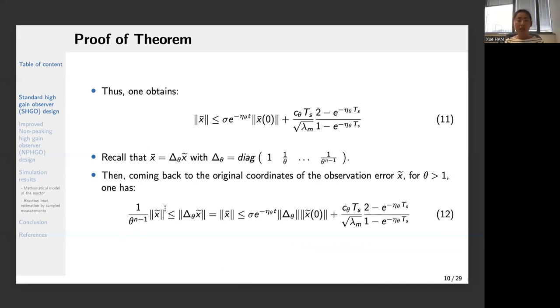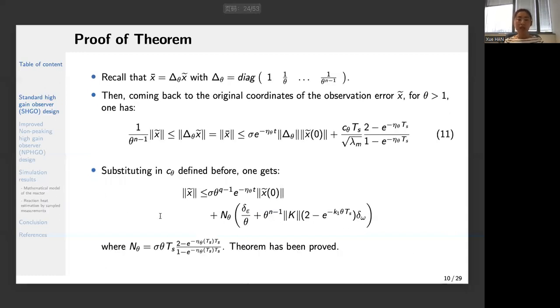So we can get the bound on the norm of x tilde. Here we can substitute the parameter c theta defined before, and we can get this final result. And it means that our observation error will converge exponentially to 0, or a very small value. So that is the proof of the presented theorem.